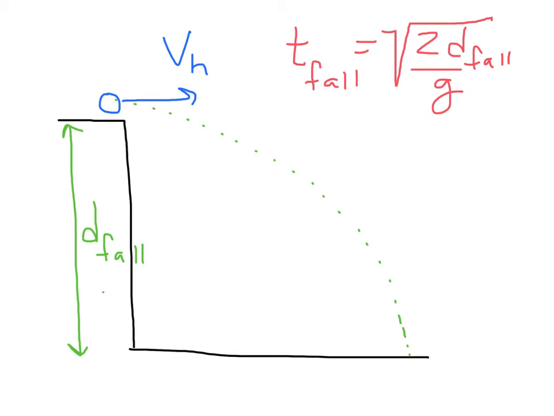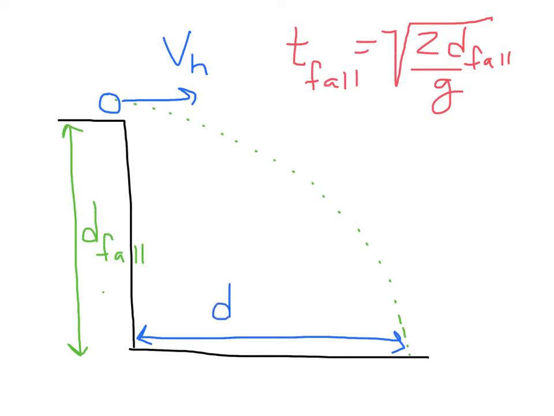But let's just say that instead, what you wanted to figure out, if we're going back to horizontal, say you wanted to find out, well, how far over will I land? Well, we said this horizontal velocity's got to be constant.